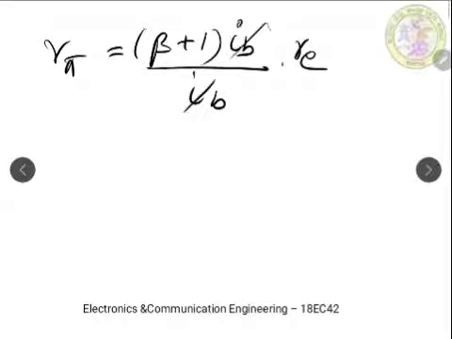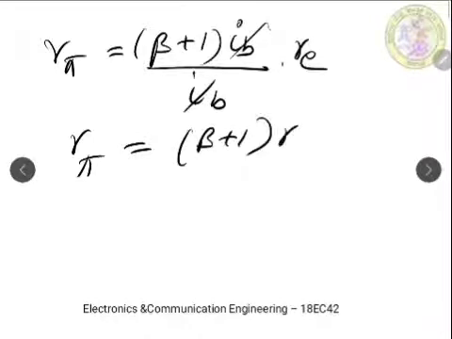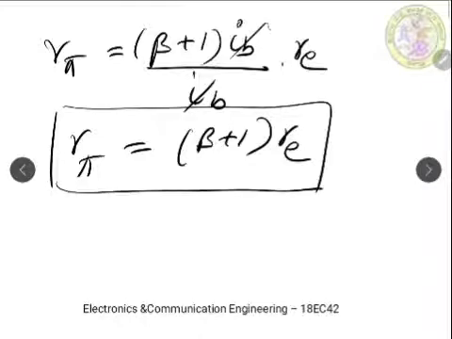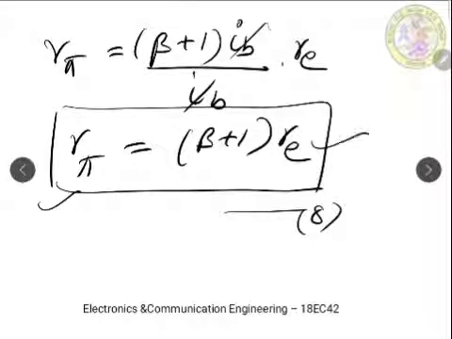So ib will get cancelled, and r pi is equal to simply beta plus 1 into re. This is another expression, take it as equation 8. It shows the relationship between r pi and re.